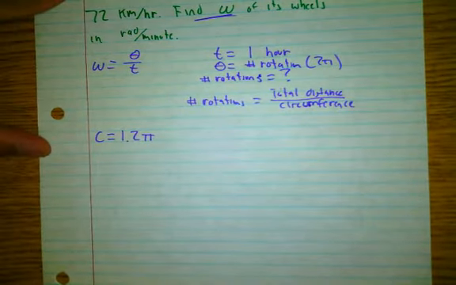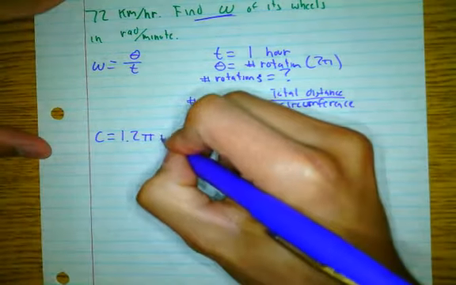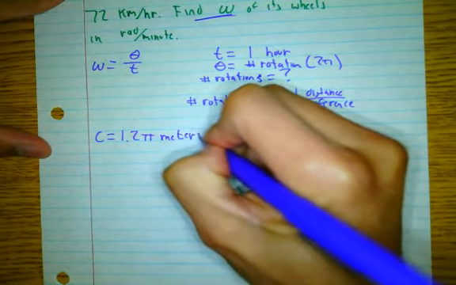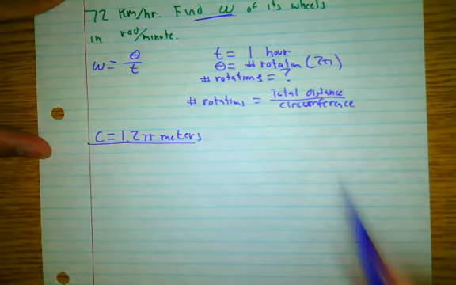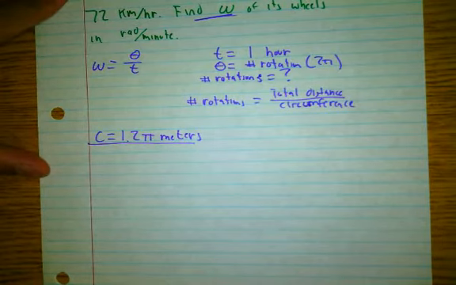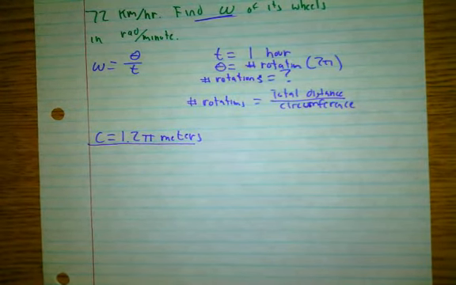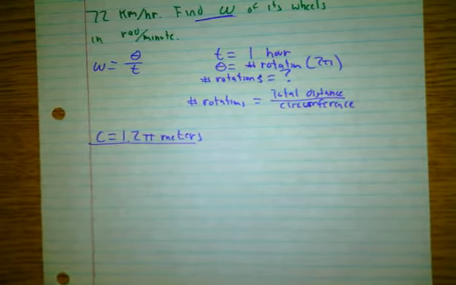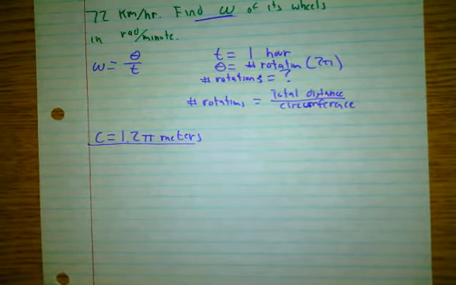Now, I know my total distance is, oh, wait a second, we have a problem. 72 kilometers, and then this one's in meters. What am I going to have to do? Dimensional analysis, some conversions. Does it matter if I turn the meters to kilometers or the kilometers to meters? No. I think it would be smarter here to turn the kilometers to meters, because the other way around might make the math a little bit more complicated, but it should still work.